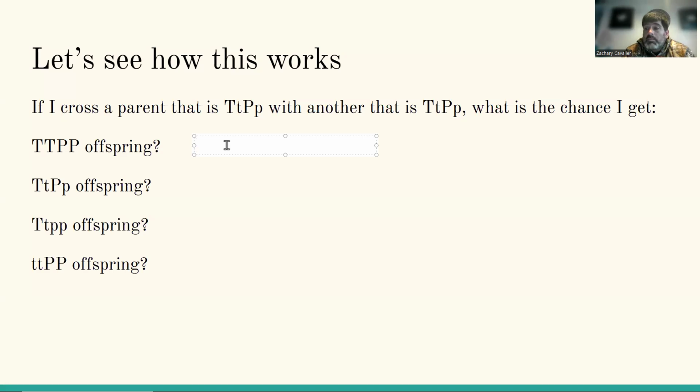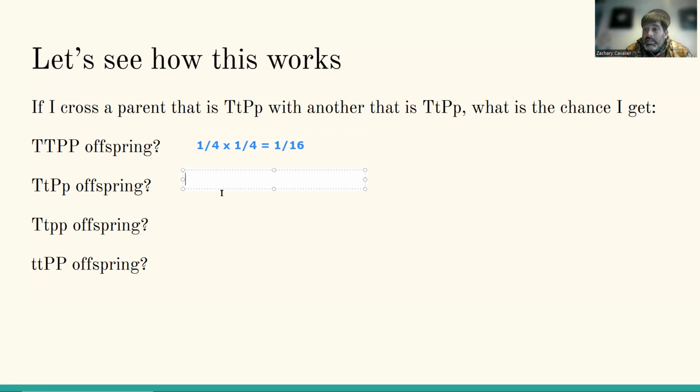Big T, big T, big P, big P. What are the chances that I had big T, big T? 1 in 4. Okay, 1 in 4 times chance I got big P, 1 in 4. What's the outcome there? What are the chances I get that? And the answer is 1 out of 16.